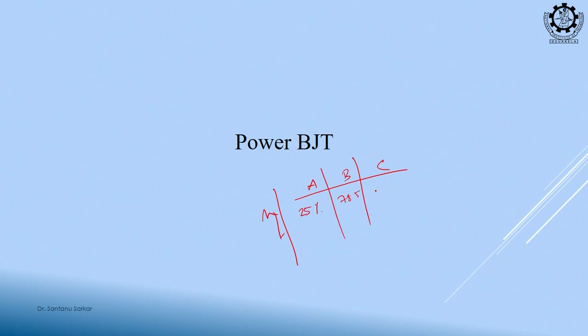Class B is 78.5%, and this is also about 78% for class AB, right. And we have another, that is class C, that we have not discussed, but its efficiency is the highest and it is used in RF applications mostly. So, we have not discussed that, but concept wise we discuss this.